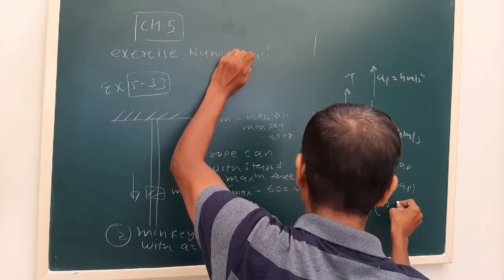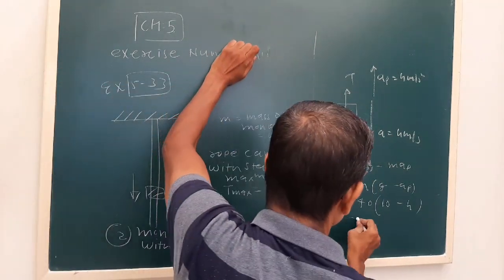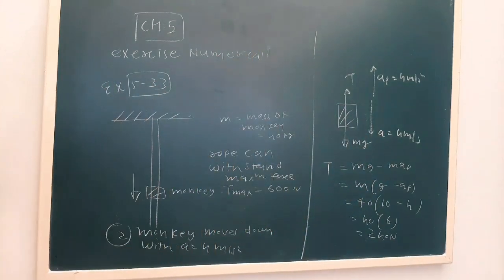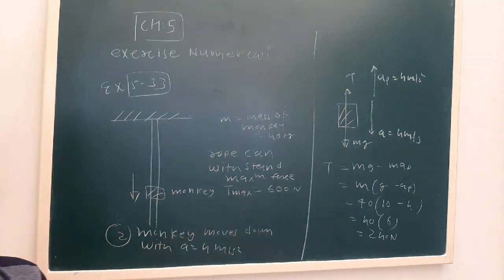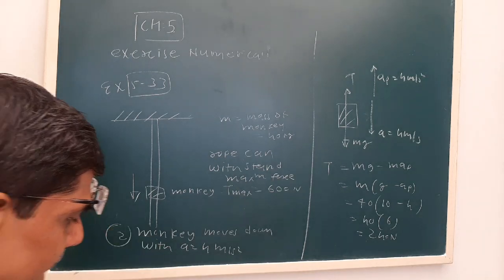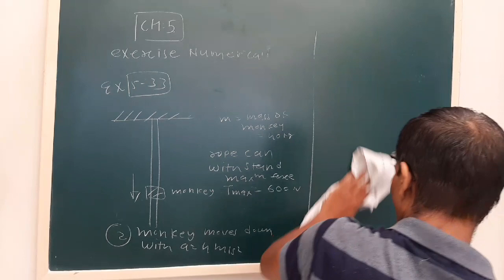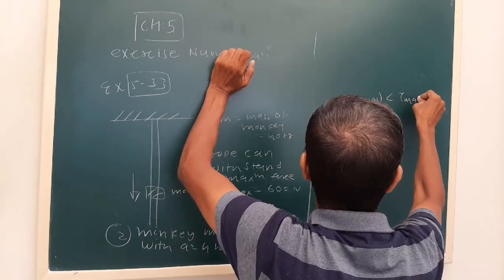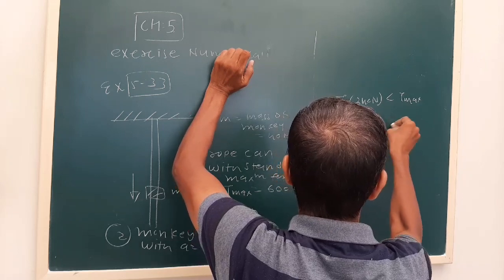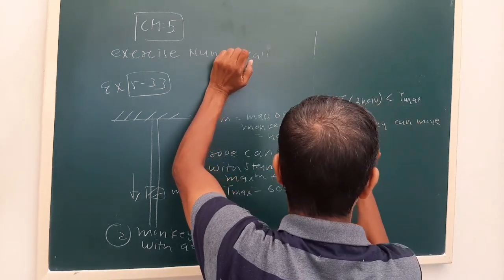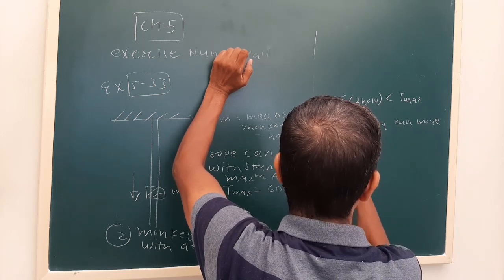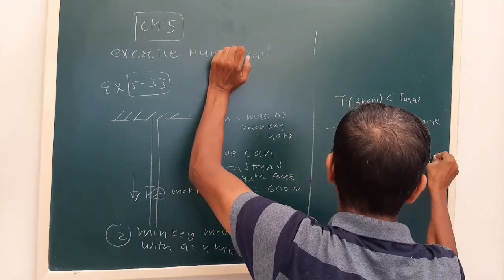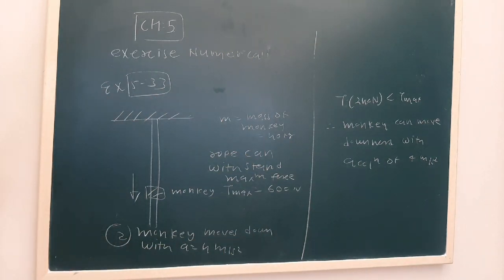Mass is 40, 10 minus acceleration 4. Now we can say here 240 Newton is less than the maximum permissible tension. So the monkey can move down safely.